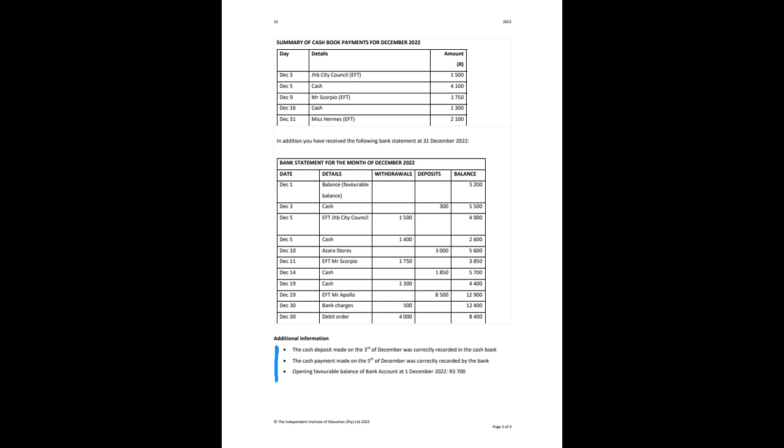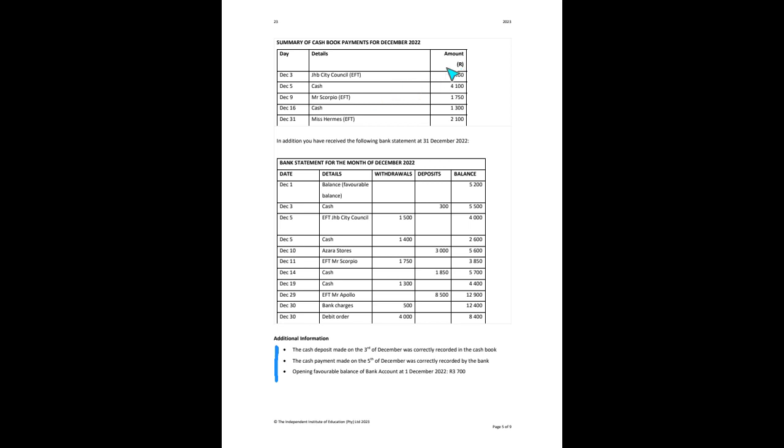Then 2.2.1 wants you to, from the information provided above, calculate the corrected closing total for cash book receipts and for cash book payments after taking into account all of the adjustments required. Remember, what they've already given you is the list of transactions for December. They didn't total it.